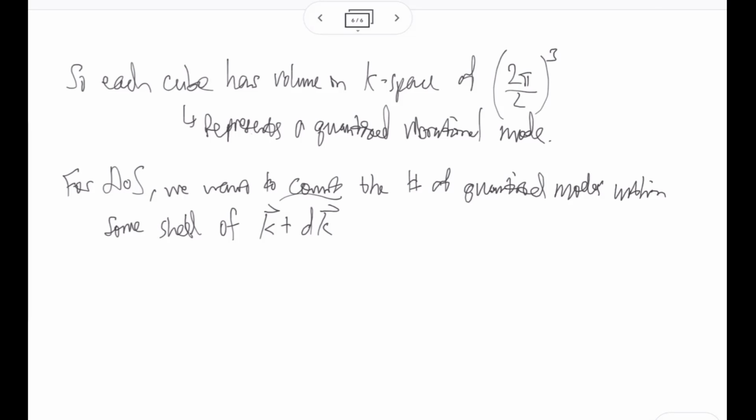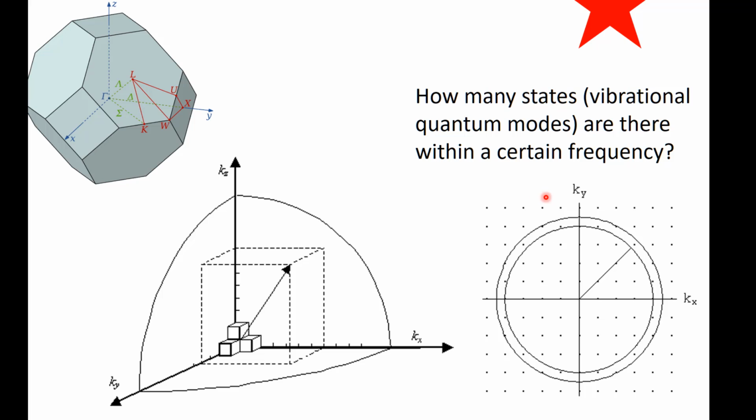Just to show you what I mean, remember this was the picture that we had earlier, so we're counting the number of cubes that fall within some shell of k plus dk. Because modes are quantized, just like everything in nature is quantized, certain vibrations are quantized, and so we're counting how many quantized modes there are within some k plus dk.